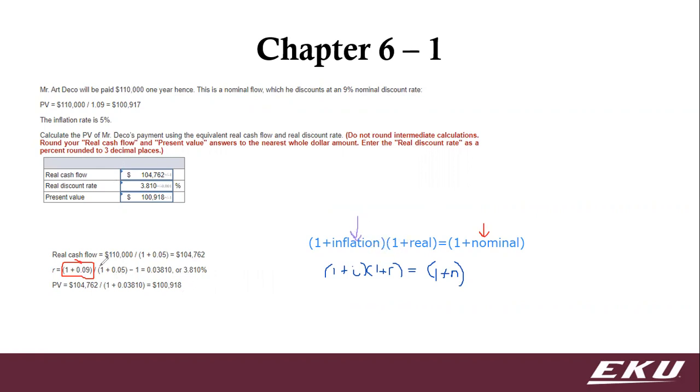They're on the same side, so I have to divide by it. That's why there's a divide line there. And that's this one, right? And it was 1 plus here, so I've got to subtract 1 off. So that's how we come up with what the real rate is, and then we're going to discount it at that real rate.